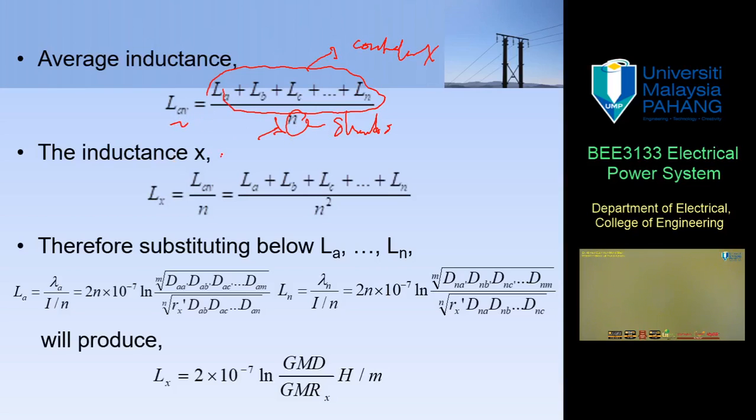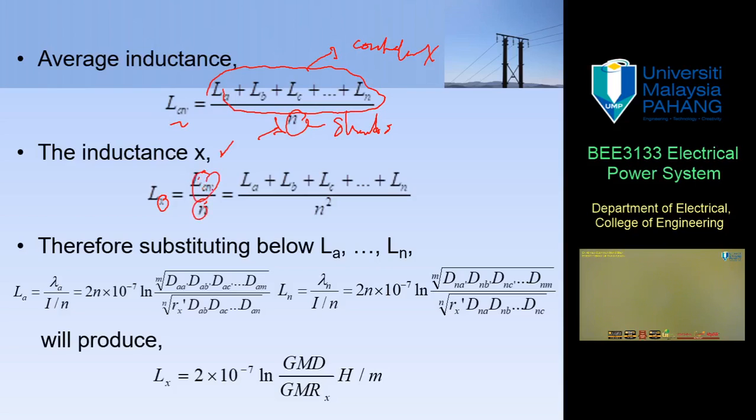Then next is the inductance X. So we just put the X here, okay? Because we are going to pick any cable in that conductor, maybe one of the subconductors that consists of the conductor X. So we get the inductance, then we divide by n.